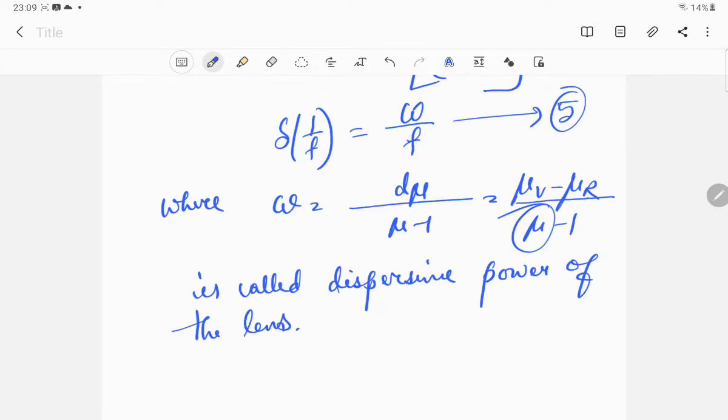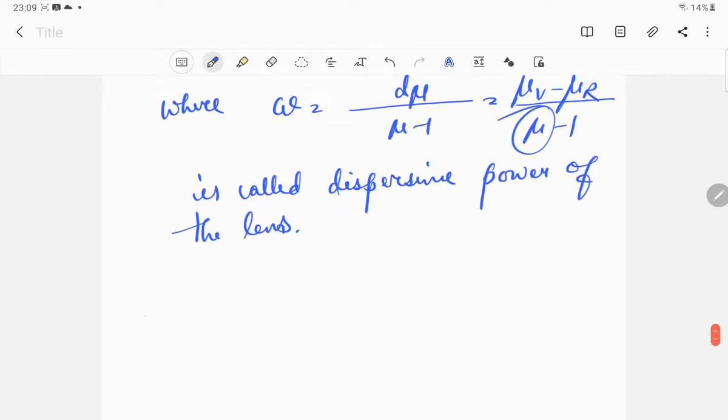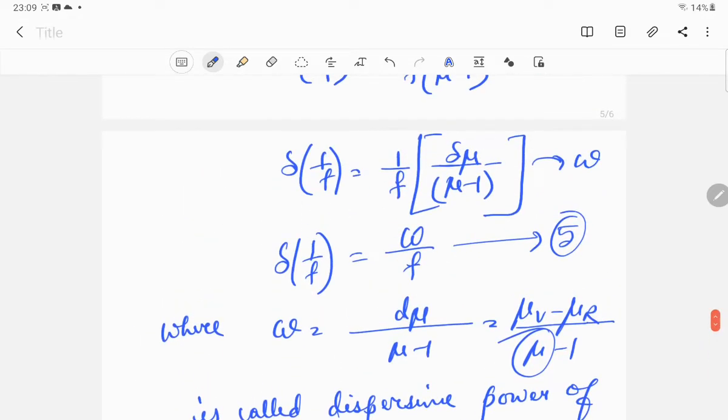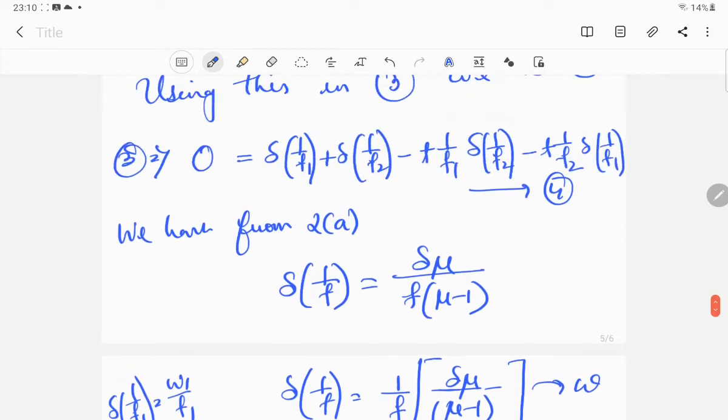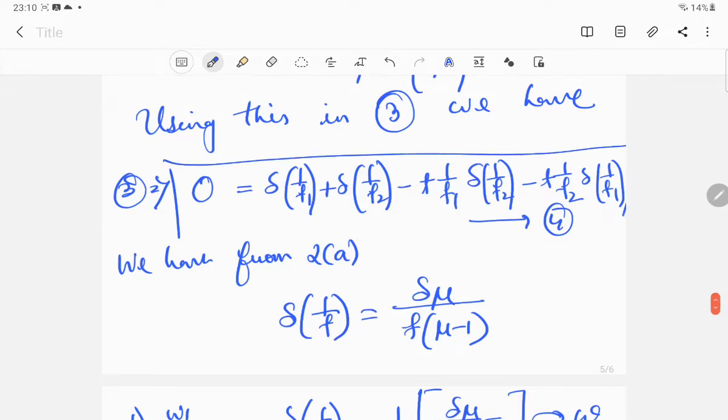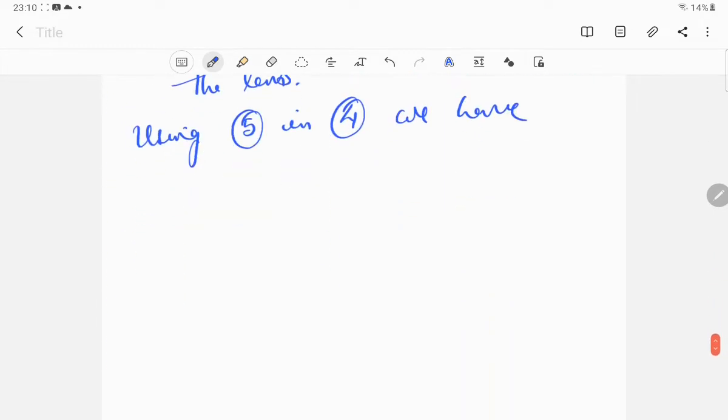So using 5 in 4 we have, 5 means del of 1 by f equals omega by f. So del of 1 by f1 will be equal to omega 1 by f1. Similarly, del of 1 by f2 will be equal to omega 2 by f2. We are going to put all of this in this particular equation. So let me write it down again.